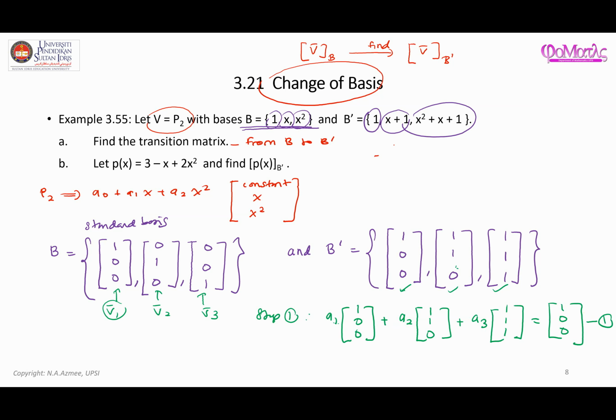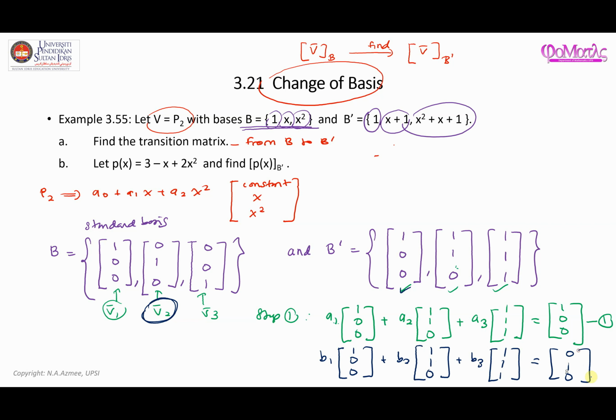Next, for the second vector, I'm going to have b1 times 1, 0, 0, plus b2 times 1, 1, 0, plus b3 times 1, 1, 1, must equal the second vector, 0, 1, 0. I'm going to call this the second equation.